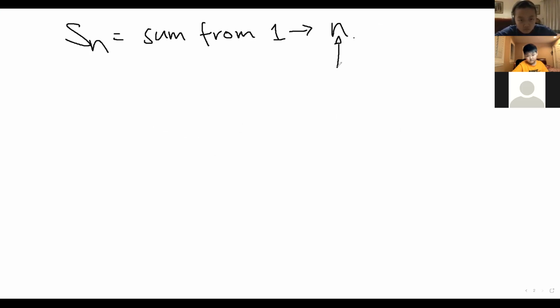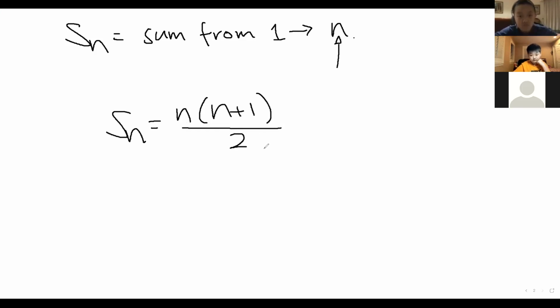It could be 10, it could be 1,000, it could be 100, who knows. The formula for the sum of all of these numbers is n times n plus 1 divided by 2: the number of terms multiplied by the number of terms plus 1, divided by 2. And you can check that this is the same as what we've done.